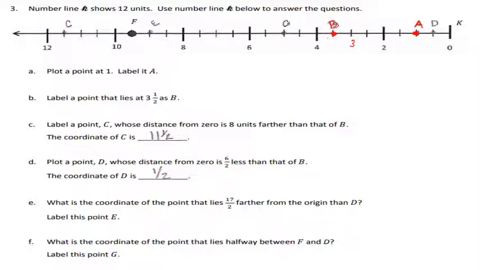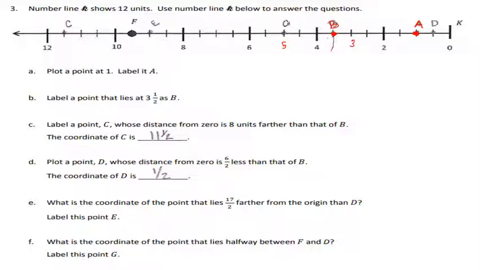On C, it says label a point C whose distance from 0 is 8 units farther than that of B. So what I know I could do is I could start here, and I know it's 8 units more. So I'm going to go ahead and label these. That's 5. So I know this is 3.5.